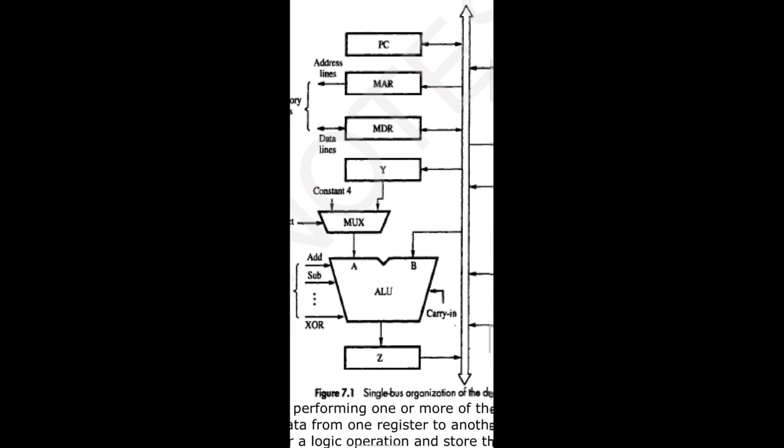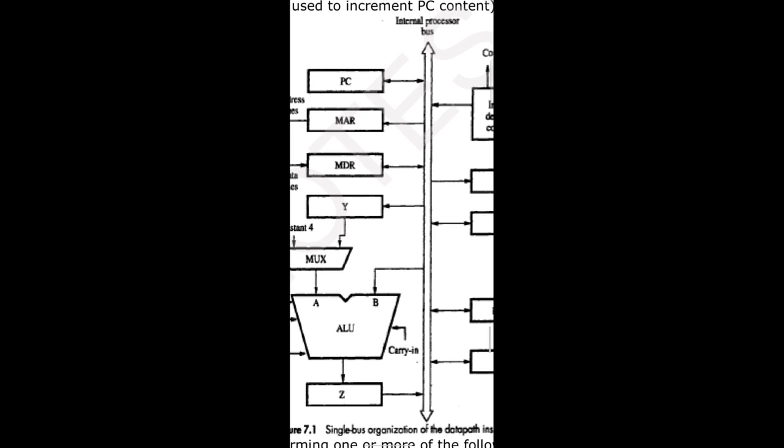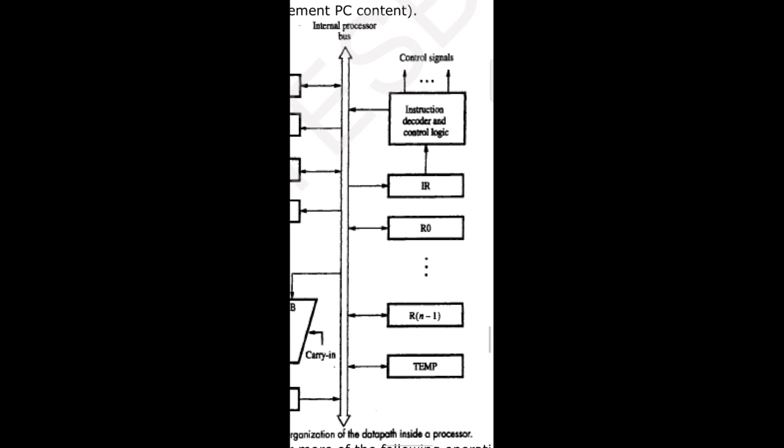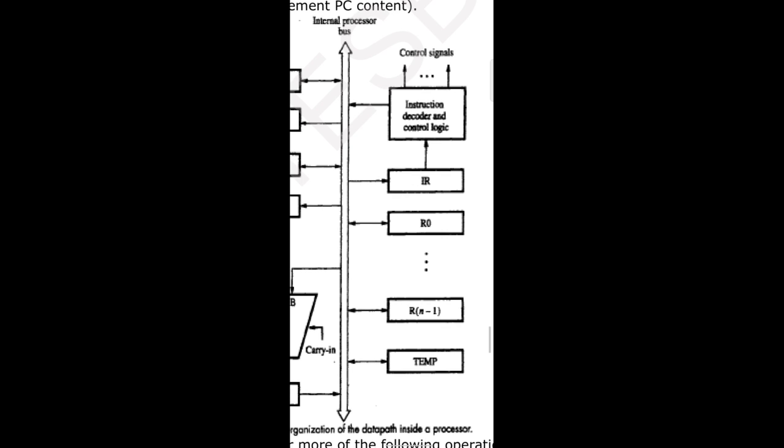Then the result of the ALU will be given to another register Z. Once the result is computed, it will be the output of Z. Please see the output of Z. The output of Z is connected to the internal processor bus, right? Now see the right hand side of the diagram. It has another special purpose register, IR. What is IR?